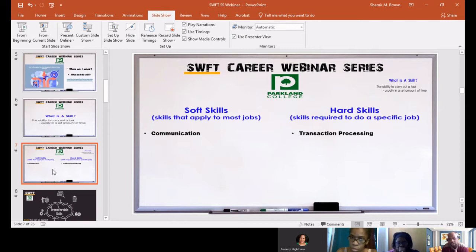Hard skills are more on your technical side, skills that are required to do a specific job, like transaction processing, which would be if you know how to run a cash register, or handle the credit card processing systems really well within a grocery store or a hardware store or any sort of business, period.